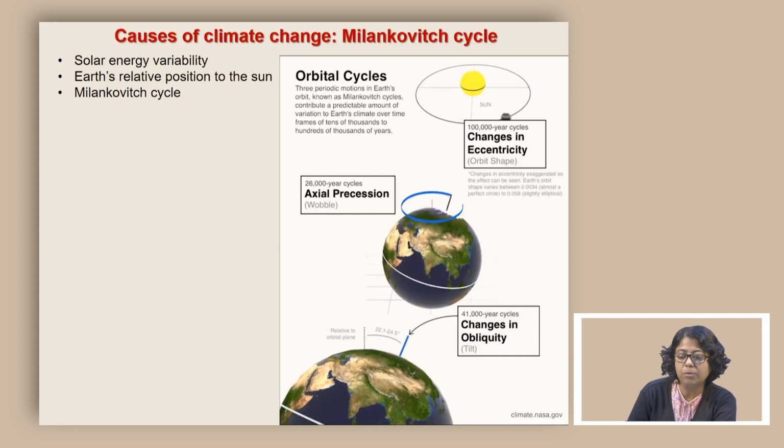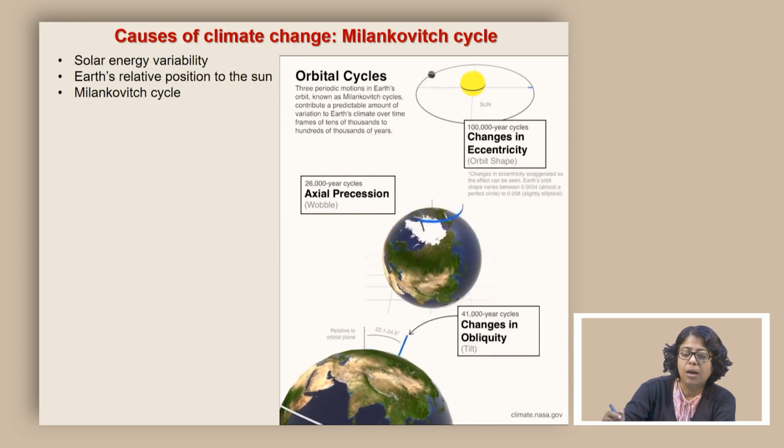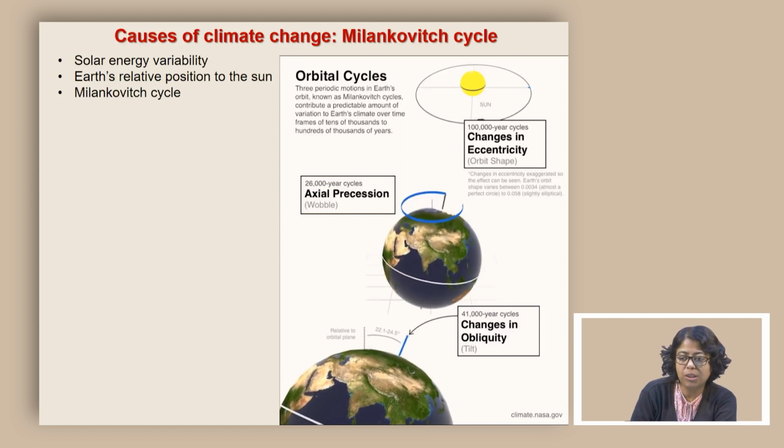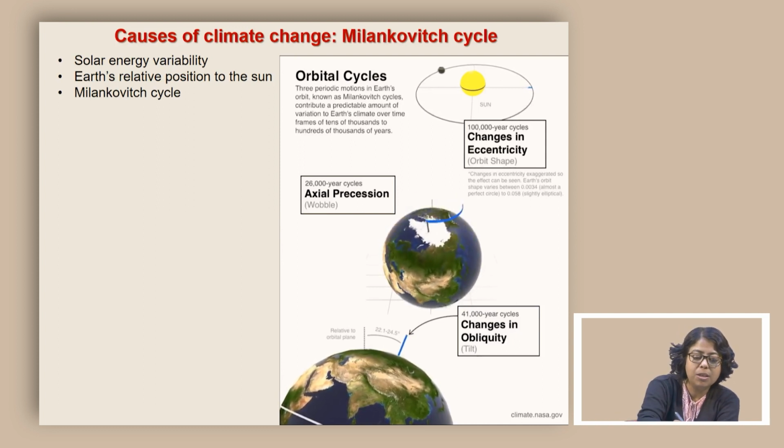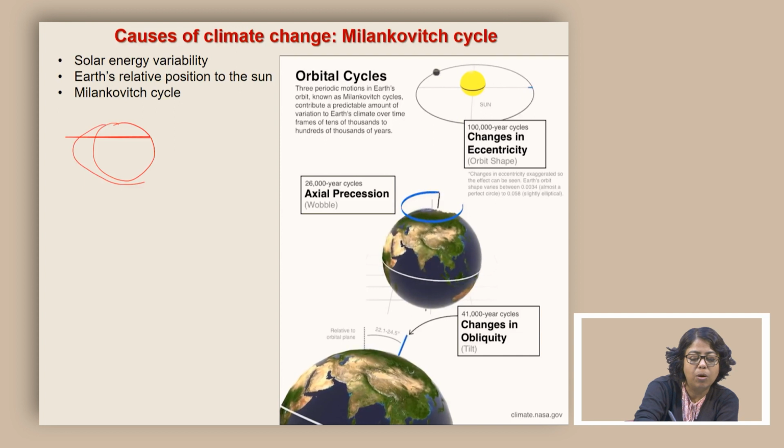So, the first one is how the Earth is circling around the Sun. Now, if we look at the orbit, we will see that the orbit actually changes over time. Sometimes it is a completely circular one, whereas sometimes it is a bit elliptical one.